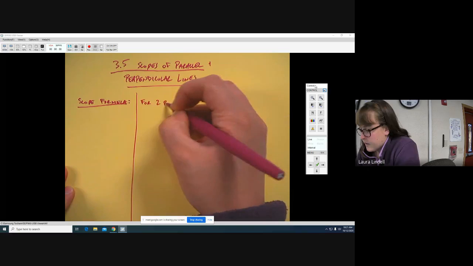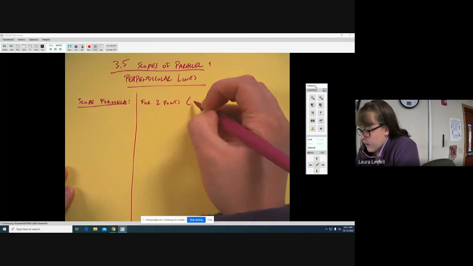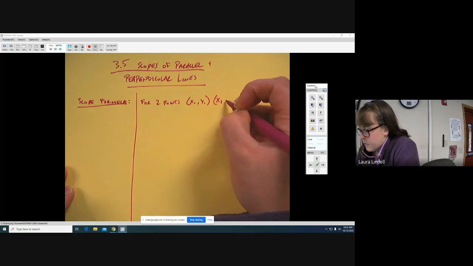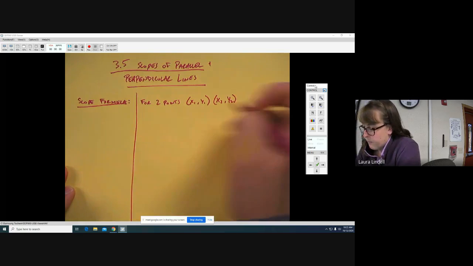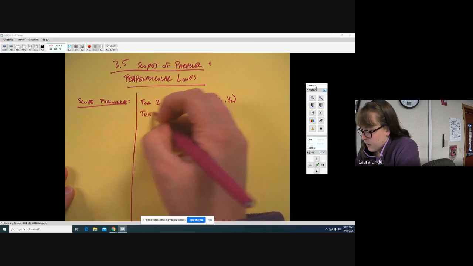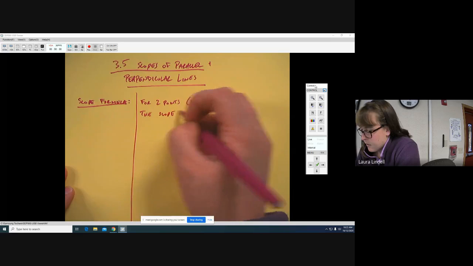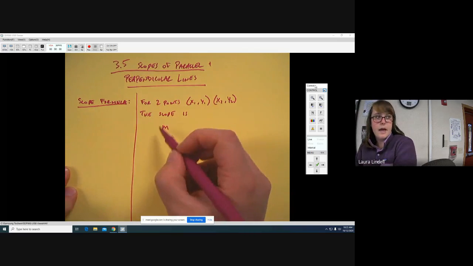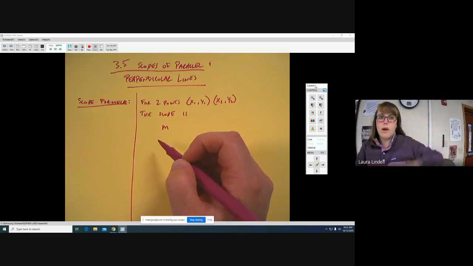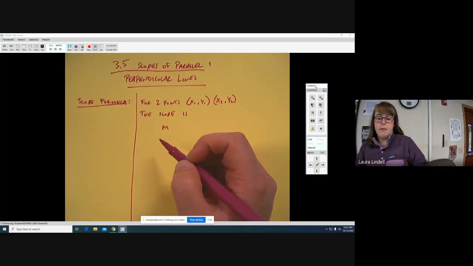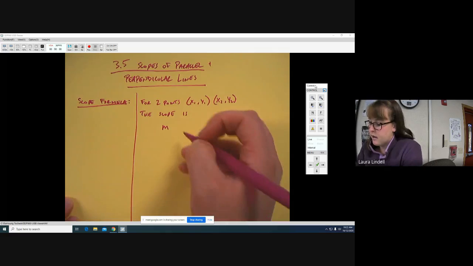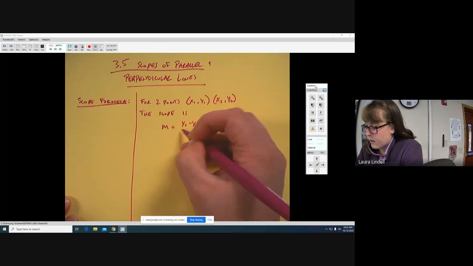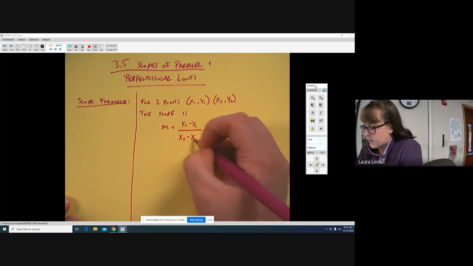For 2 points, x1, y1, x2, y2, the slope is, and usually we use m for slope. So you guys remember like y equals mx plus b and all that? M was the slope. That's still the case. M equals y2 minus y1 over x2 minus x1.